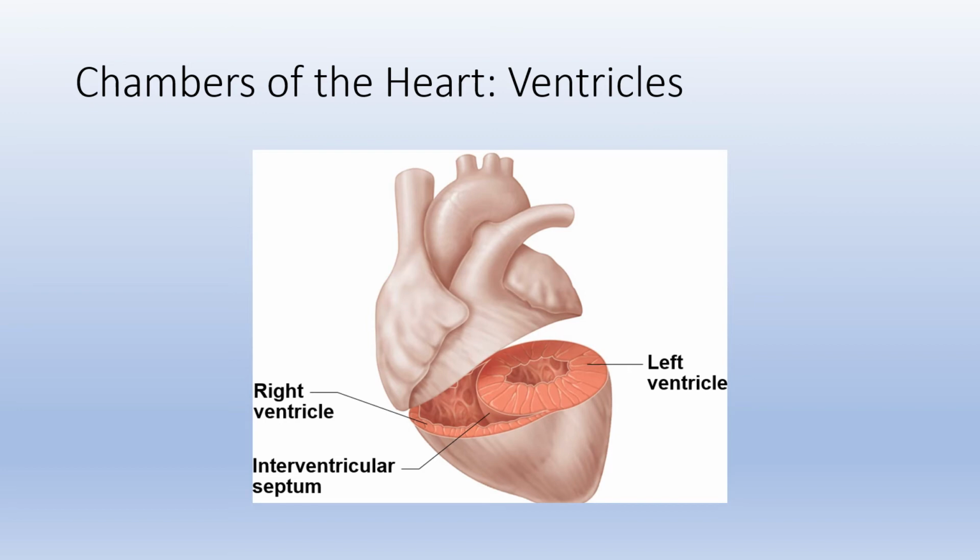The left ventricular wall is thicker because there is more cardiac muscle tissue. And that's because the left ventricle is responsible for ejecting blood to the entire body, all the way up to the head, down to the fingers, and all the way down to the toes. More muscle because there's more pressure. It needs to develop more force.